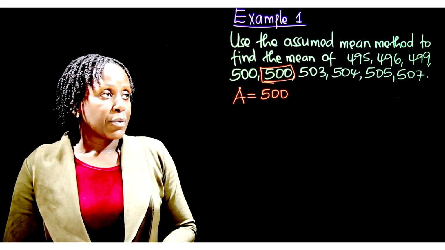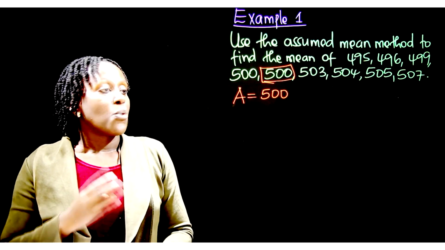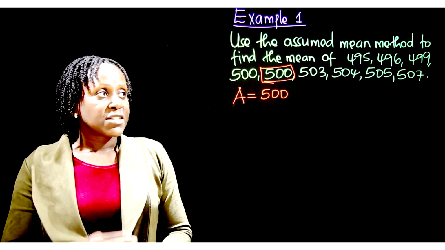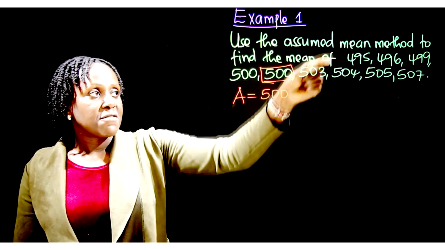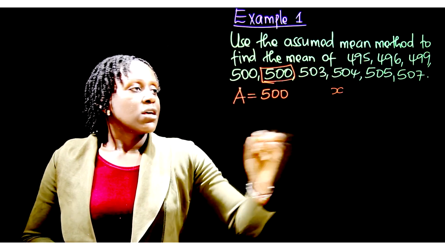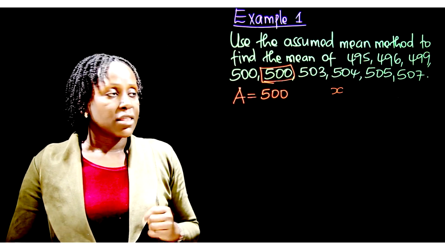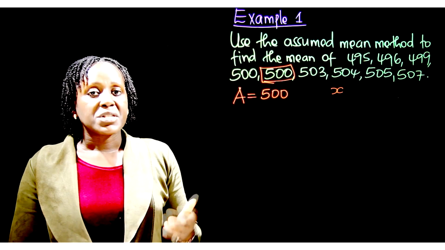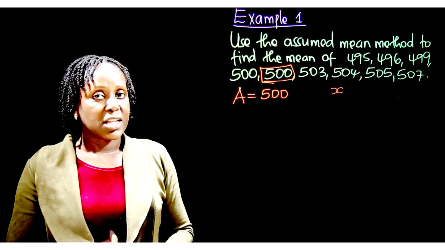Now the next step is to create a table where we have 2 columns. The first column will outline the values provided here. So we have x. Like I said in the introduction, x represents the values provided in the data.